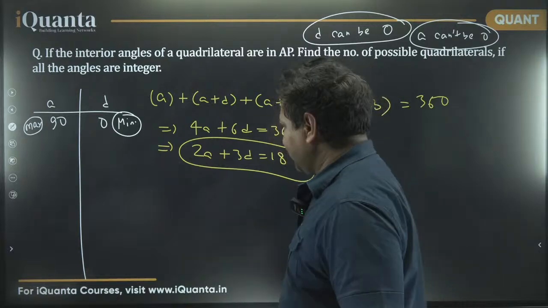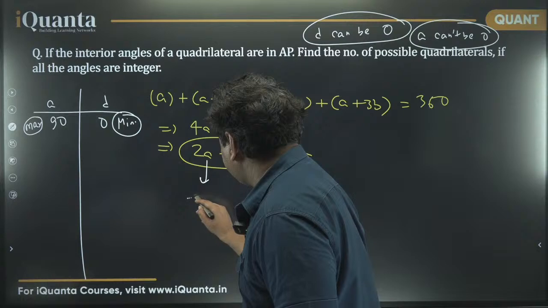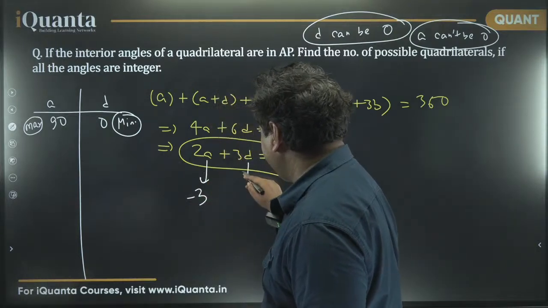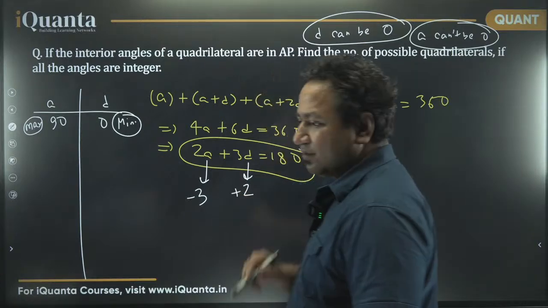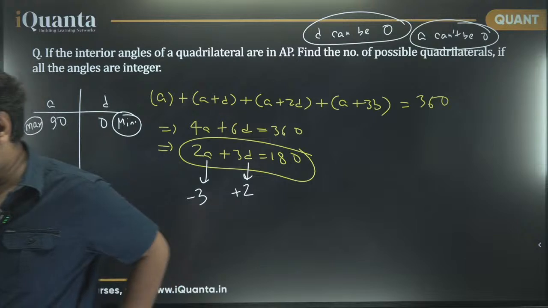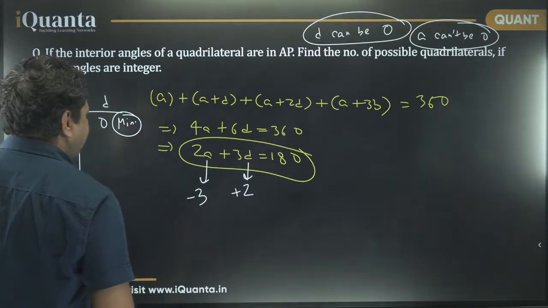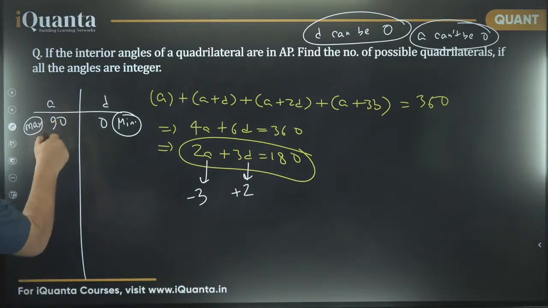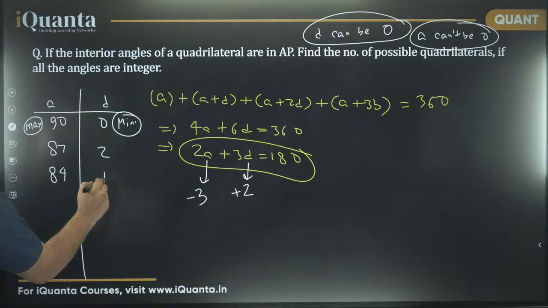A will decrease by the coefficient of D and D will increase by the coefficient of A. All of you know that, don't you? So now A next will be 87, D becomes 2, A goes further down to 84, D becomes 4, and so on. How long will we keep doing this?